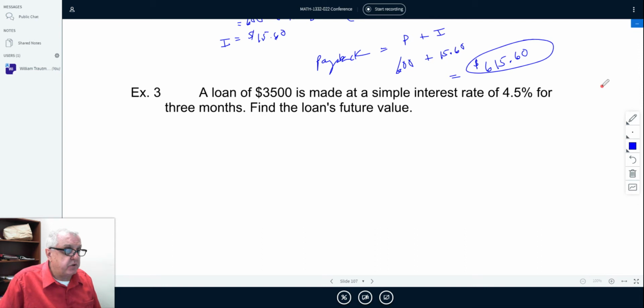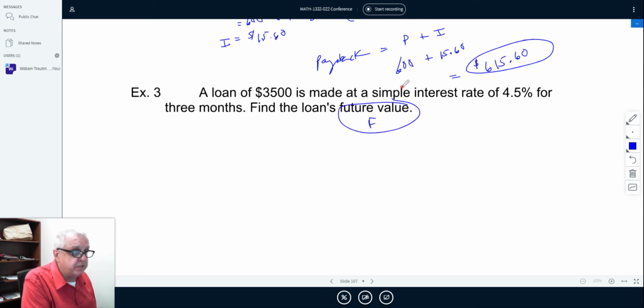A loan of $3,500 was made in simple interest for 3 months. Find the loan's future value. We want to find the loan's future value. In other words, how much do we have to pay back?